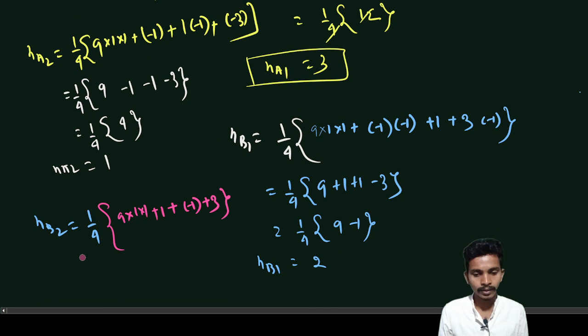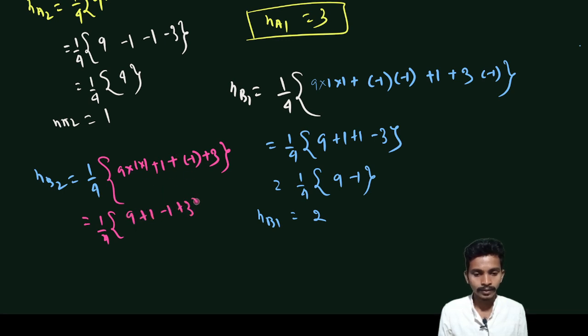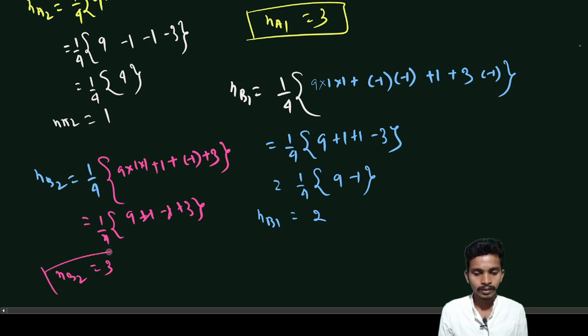So this is the character. So if you do the operations, then 9 plus 1, this is minus 1 plus 3, so this cancels, that is 9 plus 3, 12. So for 3, NB2 is 3.